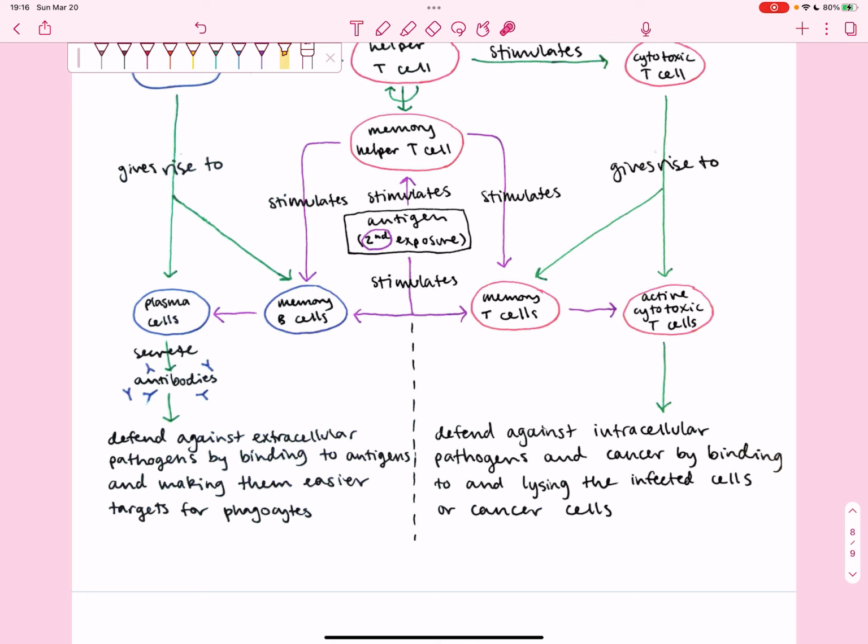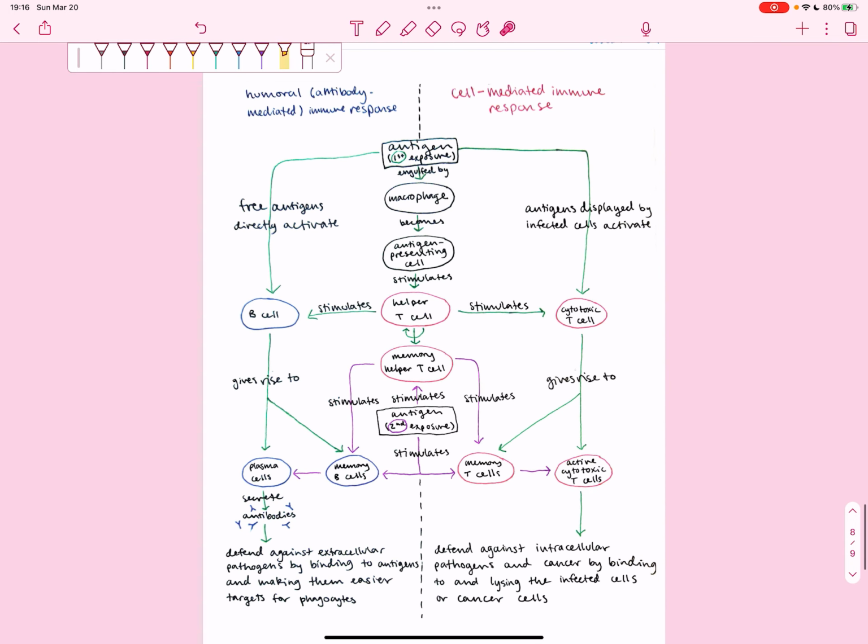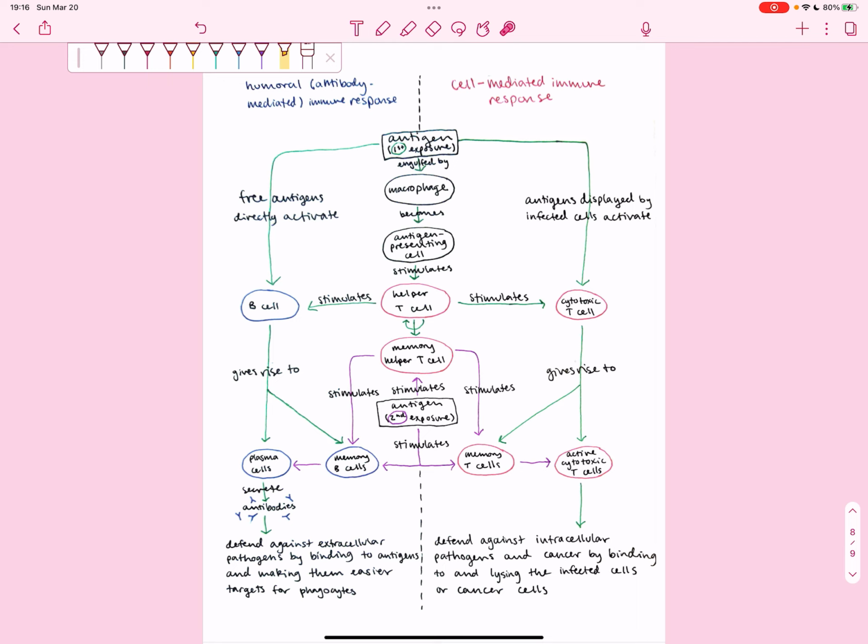And then your cytotoxic immune response is responsible to defend against intracellular pathogens and cancer by binding to and lysing the infected cells or cancer cells. And so this diagram just gives you a little idea of how your adaptive immune system works altogether.